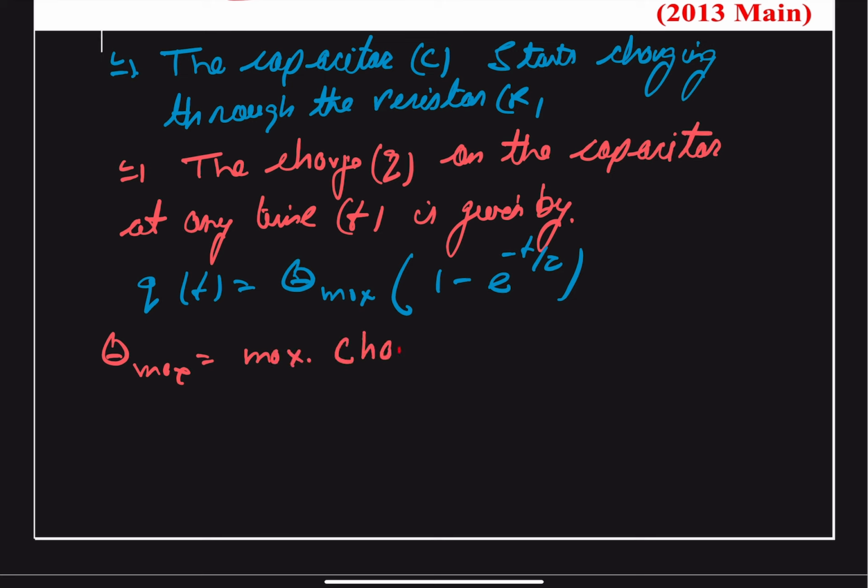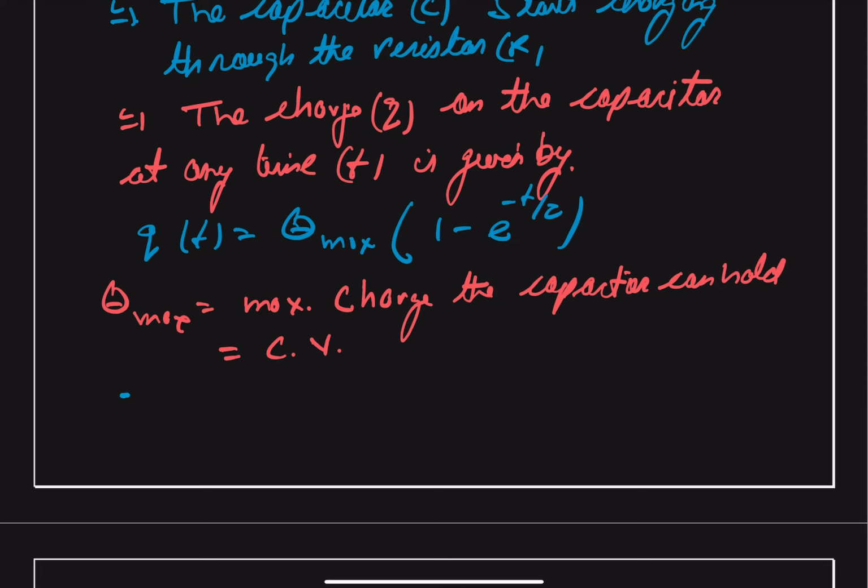Maximum charge the capacitor can hold can also be given as C multiplied by V, and tau is the time constant of the circuit, which is equal to the product of resistance multiplied by capacitance.